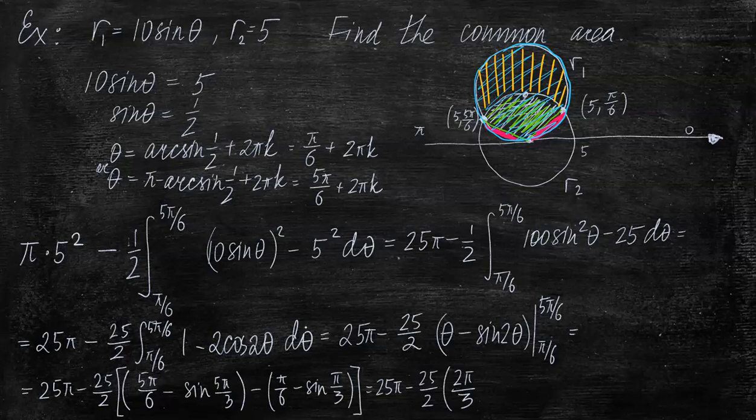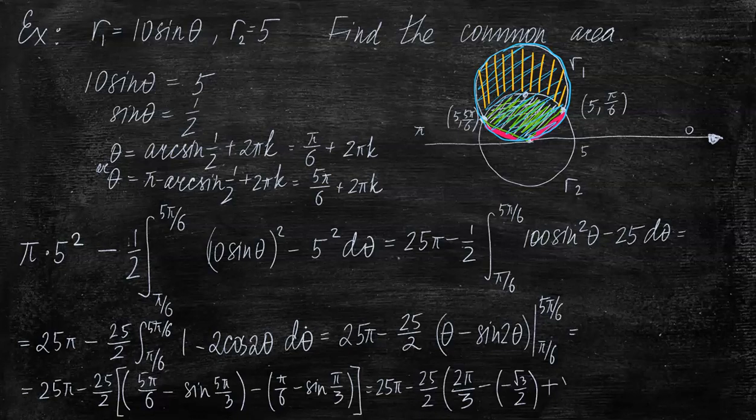And sine of 5 pi over 3, it's in the 4th quadrant, so it's negative root 3 over 2. Minus negative sine of pi over 3, so it's going to be plus. What's sine of pi over 3?